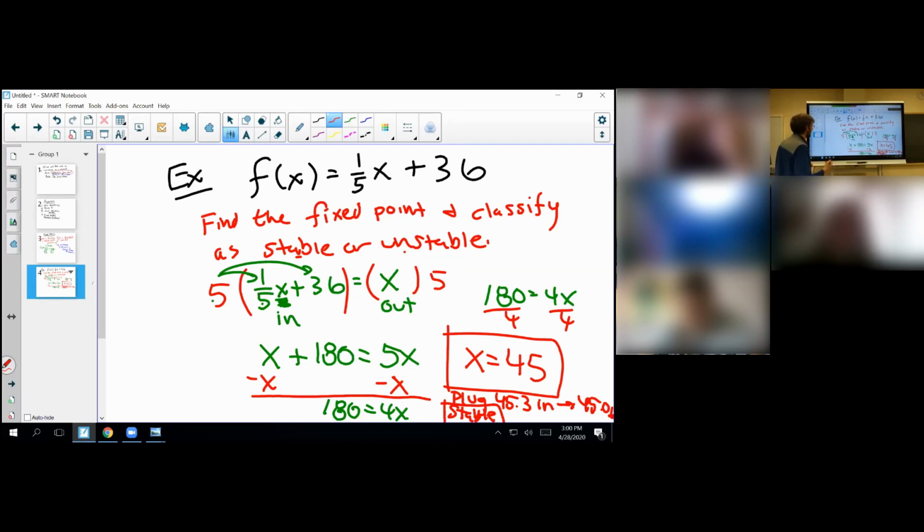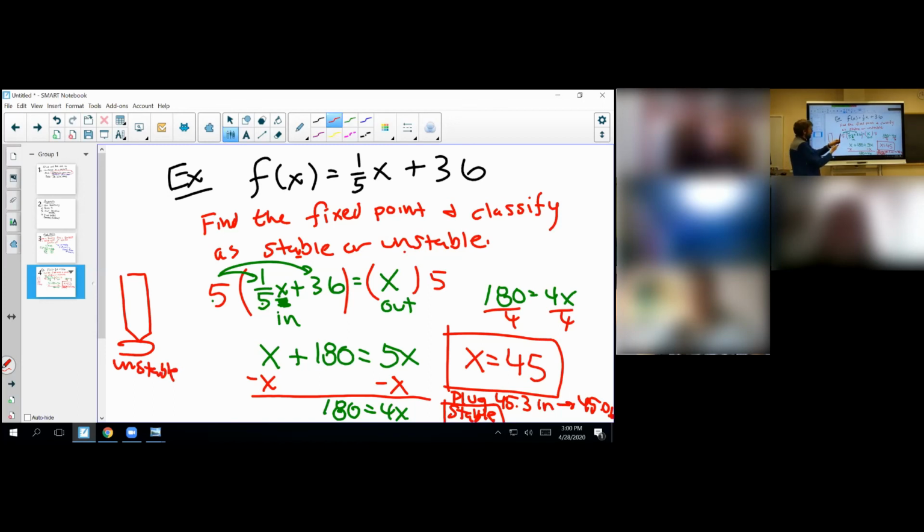Another way I think about stable fixed points is like balancing a pencil. If you're trying to balance a pencil on your finger, let me actually try doing this. It almost immediately falls off, right? That's an unstable situation.